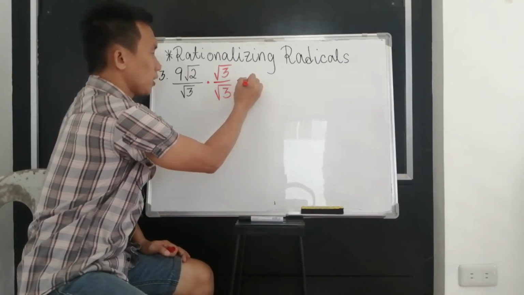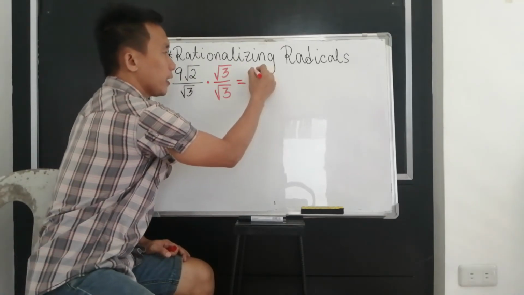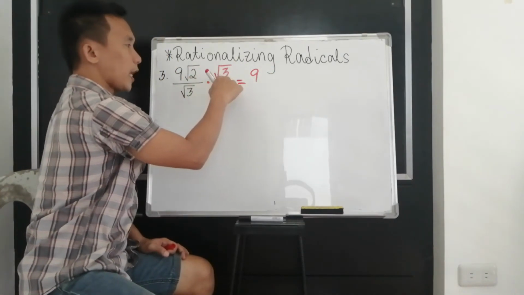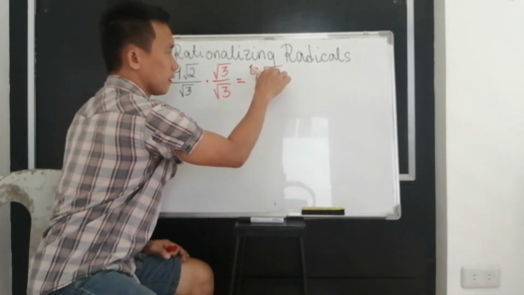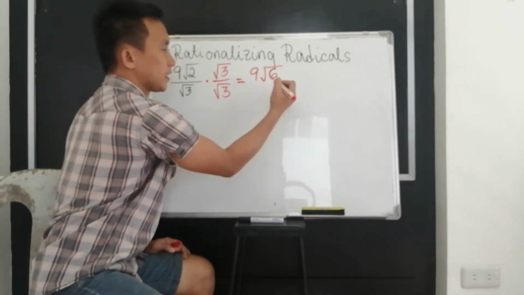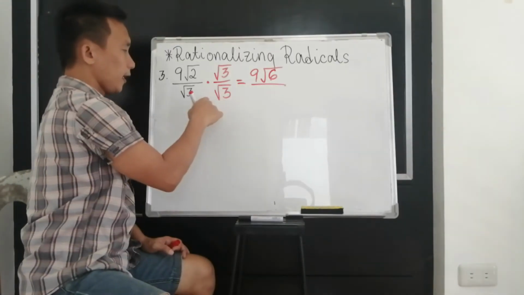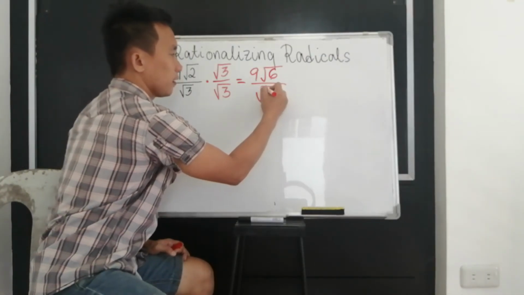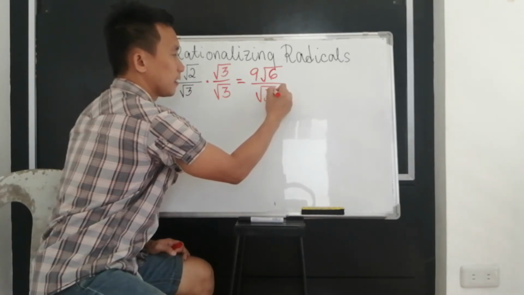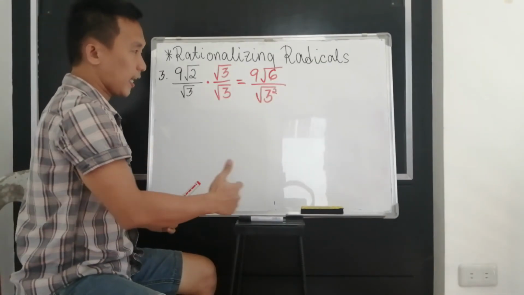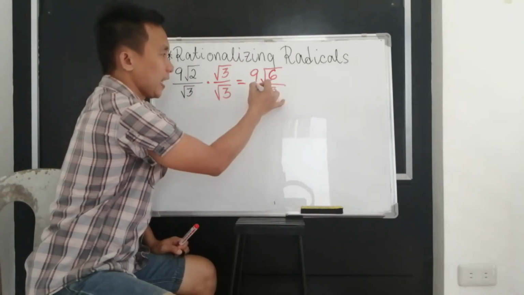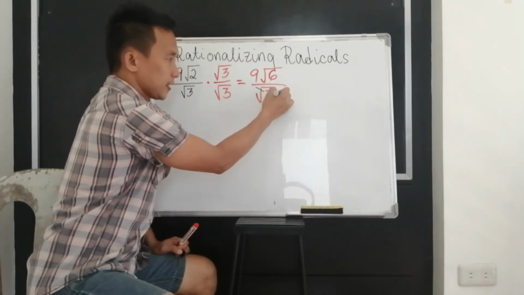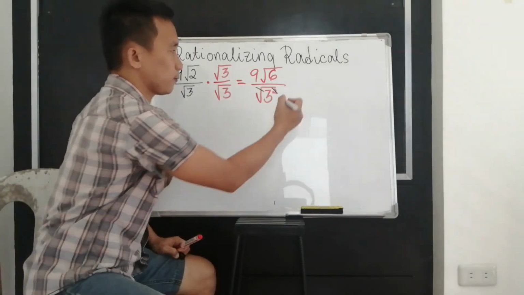If you're going to multiply that, copy our 9, and 2 times 3, that is square root of 6, divided by square root of 3 squared. Again, since our index and our exponent are the same, cancel this and cancel our exponent.